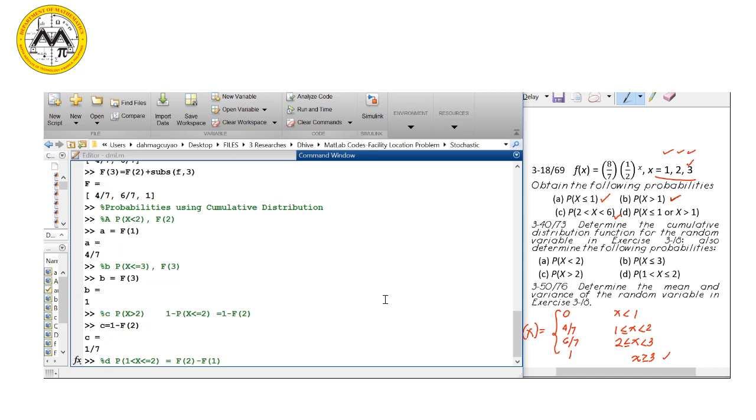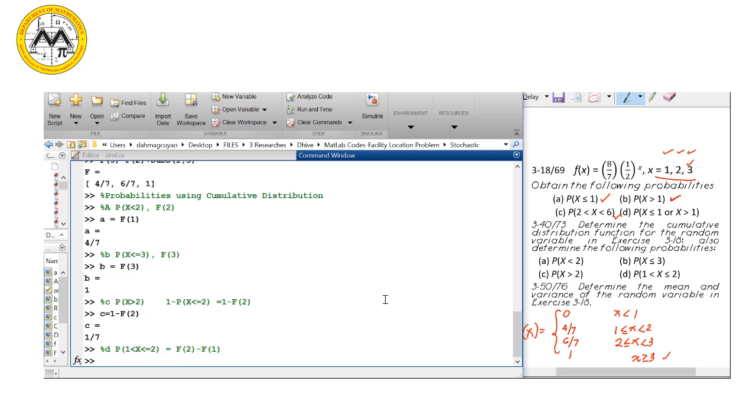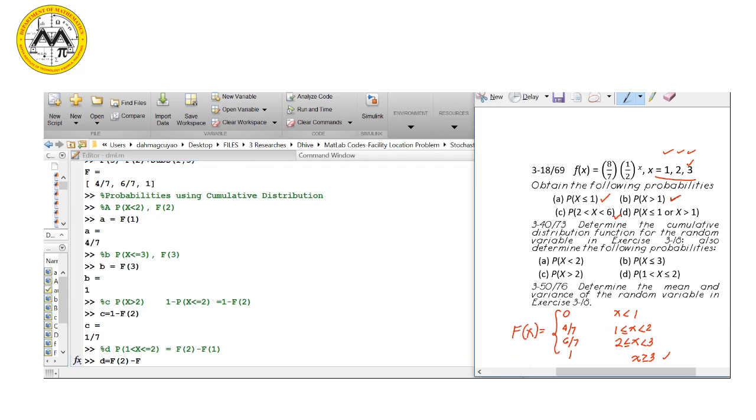So D is equal to f of 2 minus f of 1. When we say less than or equal to 2 but greater than 1, it is only 2.